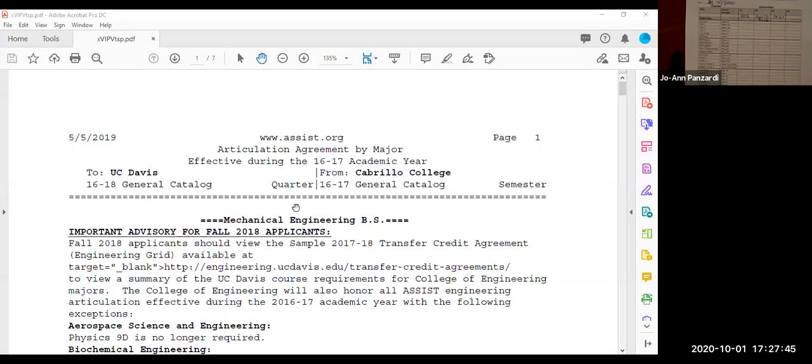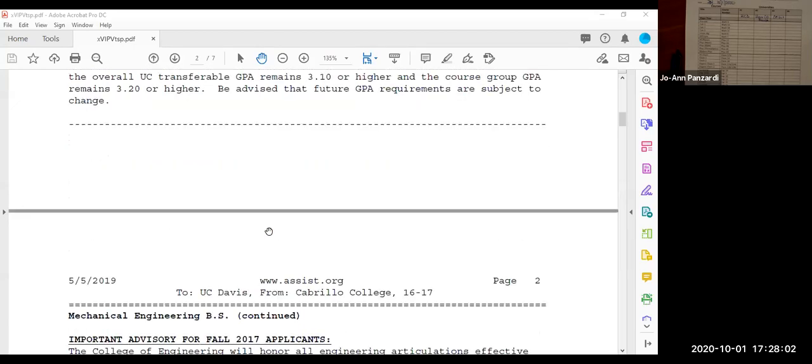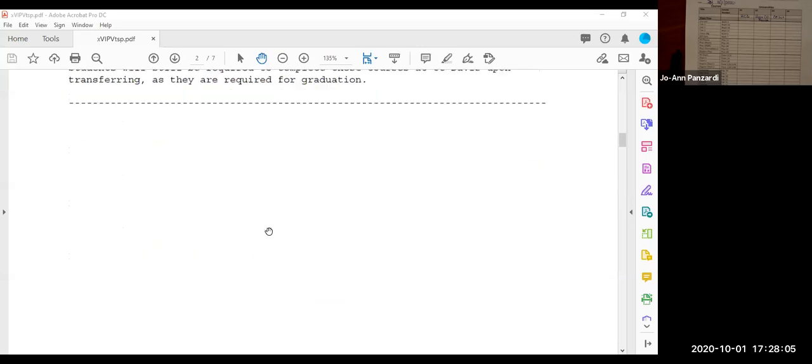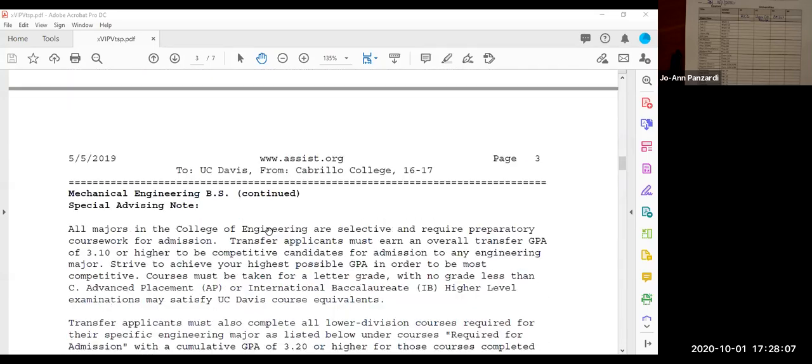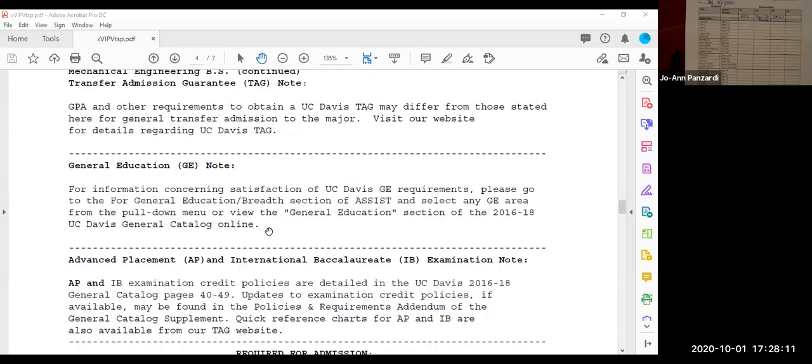Okay, so here, notice it says at the top, it's the articulation agreement between Davis and Cabrillo. Cabrillo's on the right side and Davis is on the left, and it says for mechanical engineering. So now I'm going to go through this. It's a lot to read, but I'm going down to the most important part.